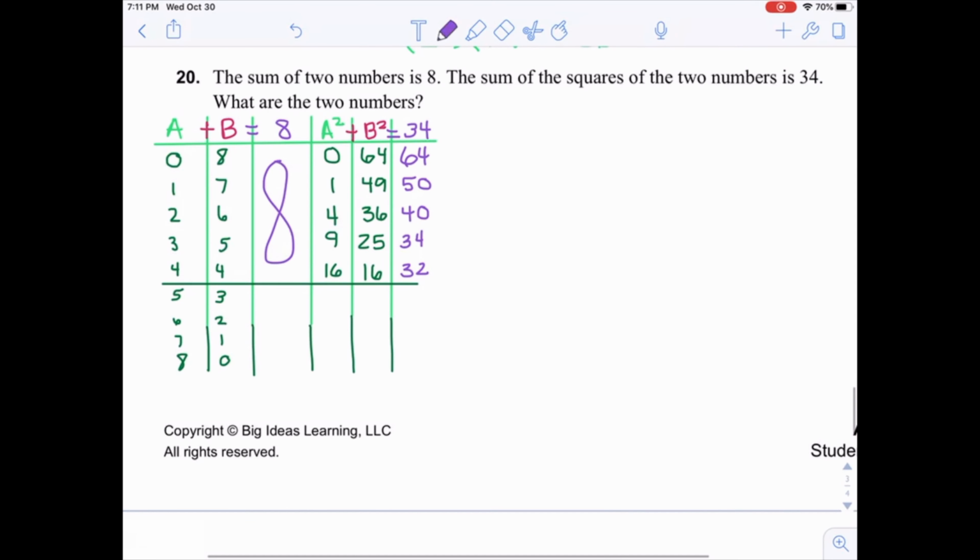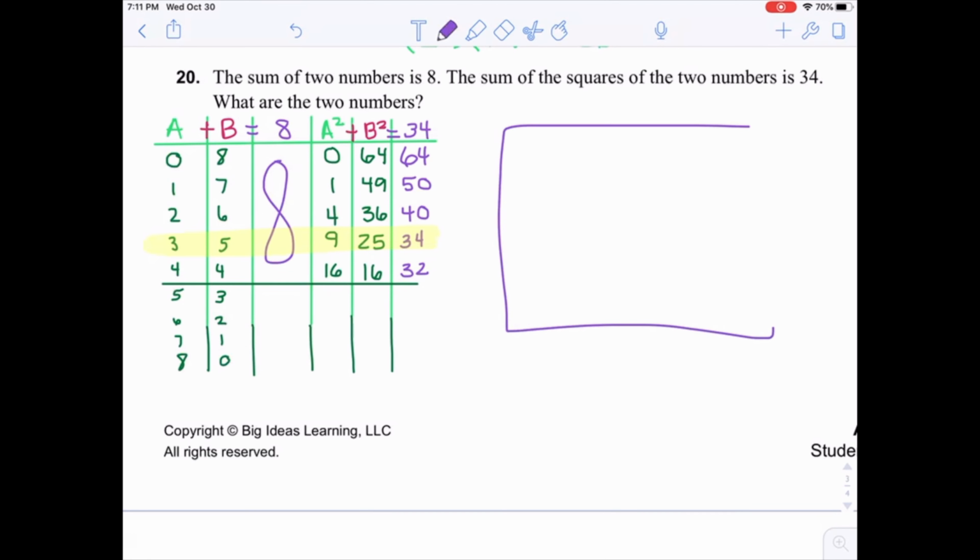Did we find our winner? So the answer to our question would be 3 and 5.